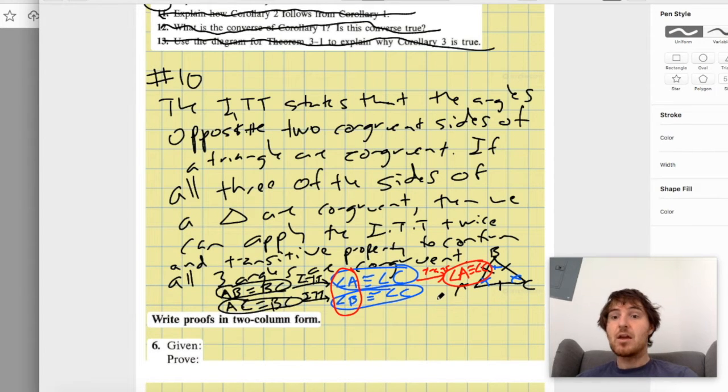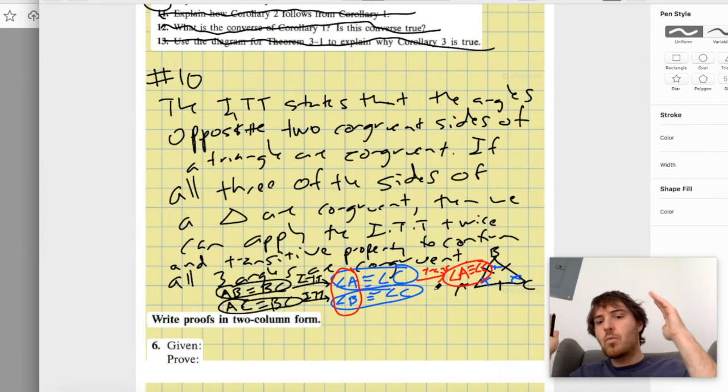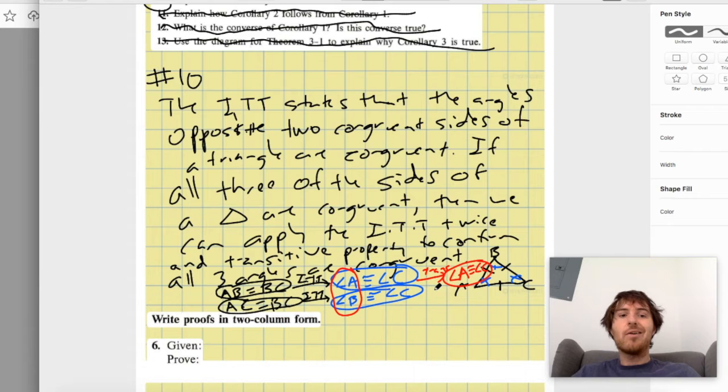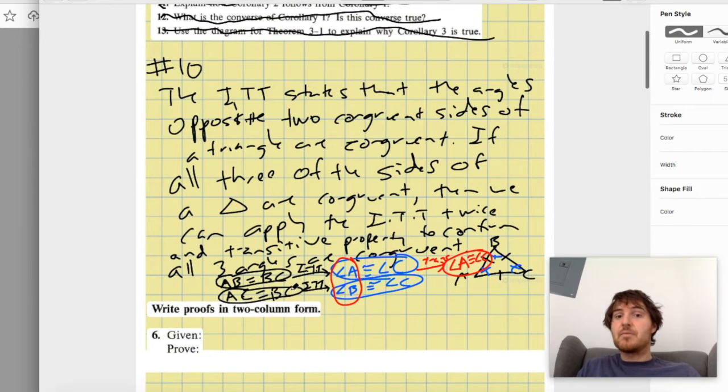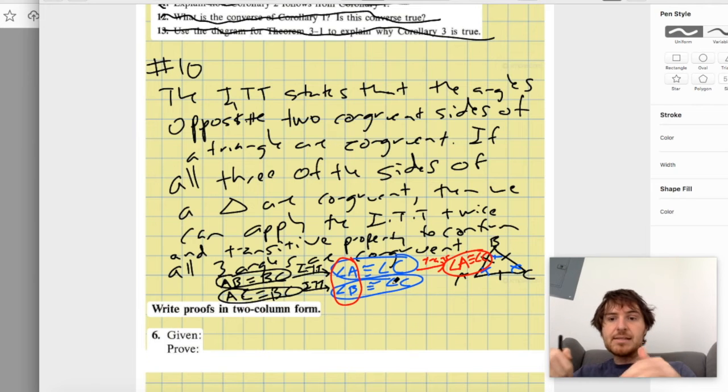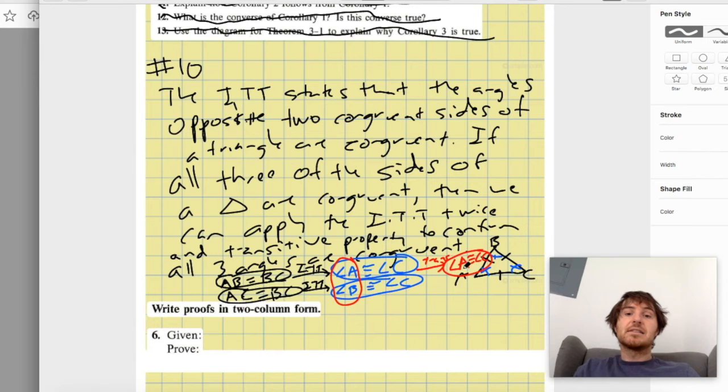And then we've kind of said it all right here. We can say that they are all congruent to each other, and that this would actually be an equilateral triangle here. Okay, so a little bit more in advance, if you were to actually word that out, that's how I would start this. Well, if we're an equilateral triangle, then AB equals BC. Then angle A would be congruent to angle C because of the ITT. And if we were an equilateral triangle, we'd also know that AC was equal to BC, and then because of the ITT, angle B is congruent to angle C. So we applied the ITT twice, and then by transitivity, we would know that angle A is congruent to angle C. You can apply the transitive property again here.